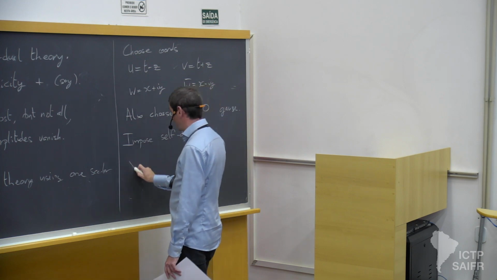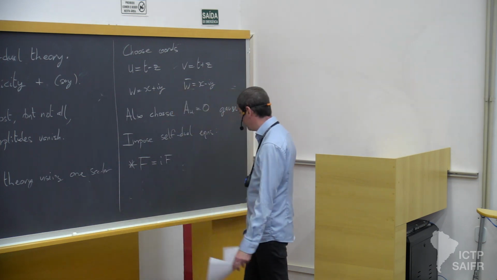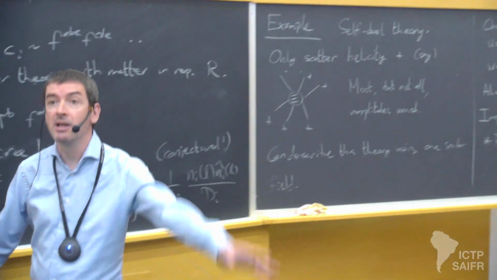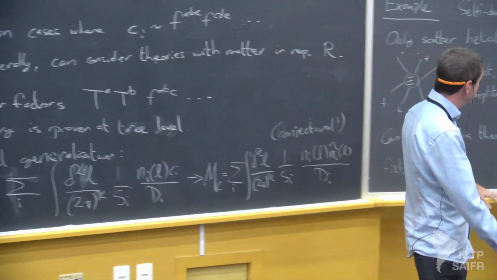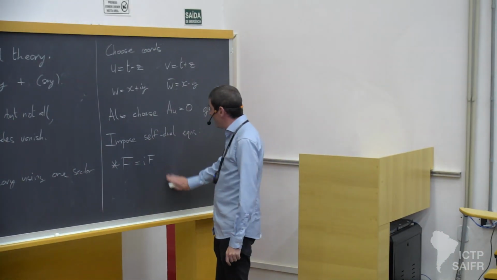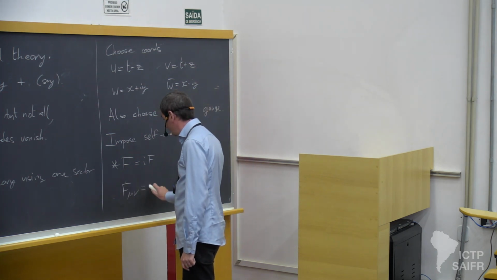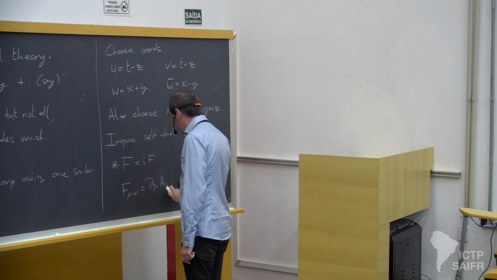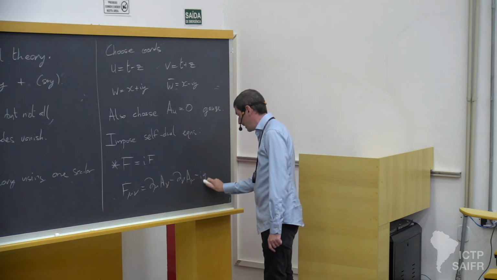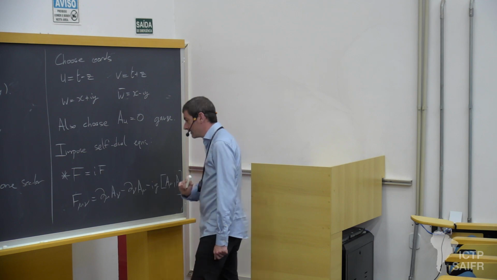So the self-dual equations, star F is i times F. Star here is the Hodge star, so it's just some epsilon mu nu rho sigma acting on F mu nu, with some indices contracted, is i times F. I'm working with a convention where there's a minus here, it doesn't really matter. Anyway, that's what a field strength looks like.